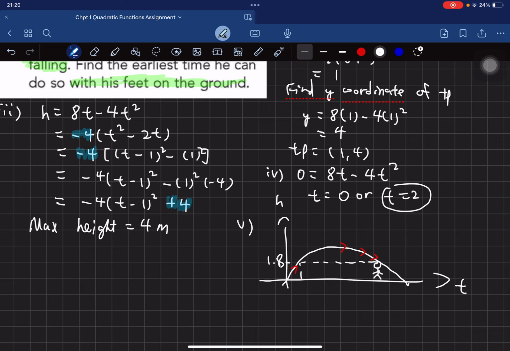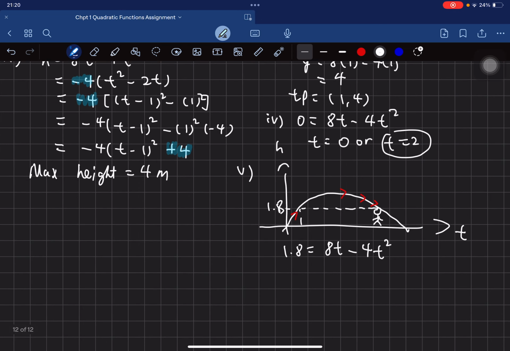So I can say the formula is 1.8 equals 8t minus 4t squared. With this, we can apply the quadratic formula. So I'll make this equation equal 0. I'll have 4t squared minus 8t plus 1.8 equals 0. From here, you can happily apply your quadratic formula if you want to.